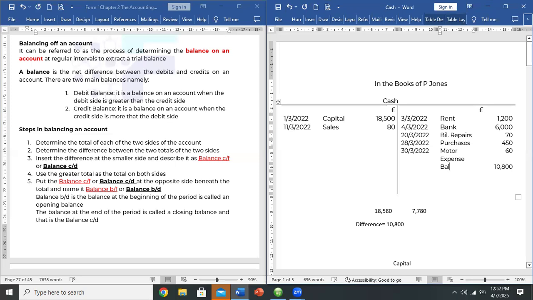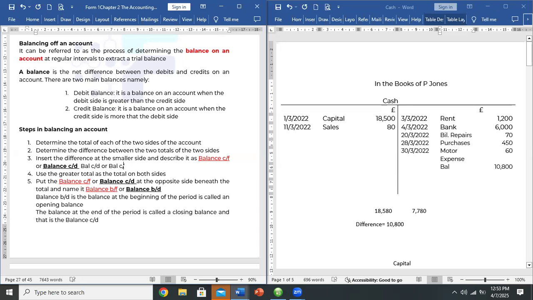As a matter of fact, you can shorten it as BAL C/D, like this. Or you can make it BAL. The BAL is balance CF.